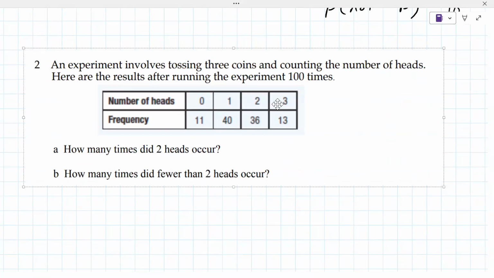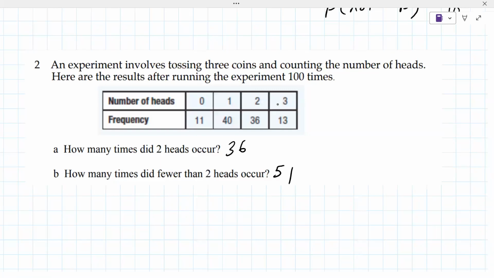Okay. Two heads occur 36 times. What's fewer than 2 heads? 52 times. 51 times.